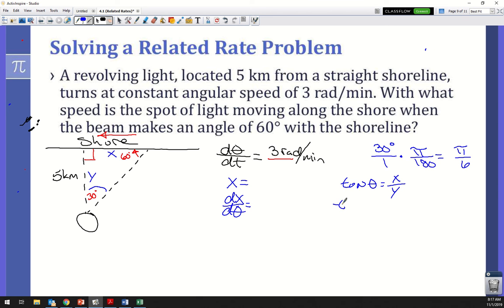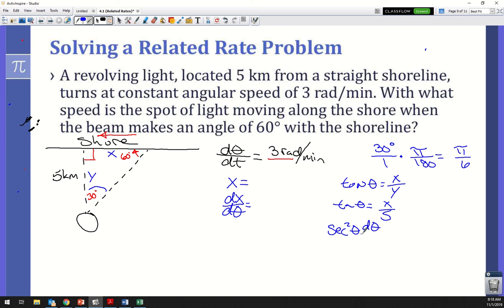Okay, so tangent theta is equal to x over 5. Take the derivative of tangent, which is going to be my secant squared theta. So secant squared theta. And what else am I missing there? D theta dt, because that's my change.